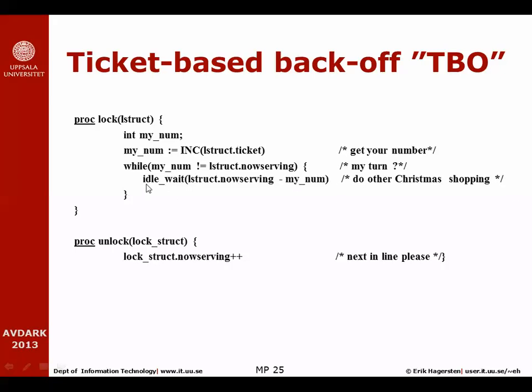And the amount of time you went off and did the Christmas shopping depended on how far off your number was from the now serving number. So if it was 500 numbers off, maybe you went off for 25 minutes, then you got back and it was 100 numbers off, and then you went off for a shorter period of time. So this is some kind of controlled back-off strategy.